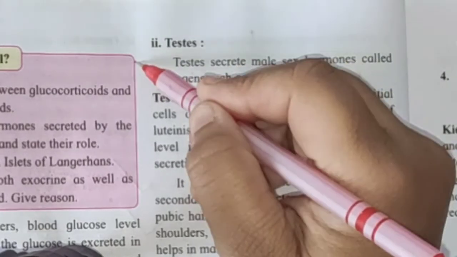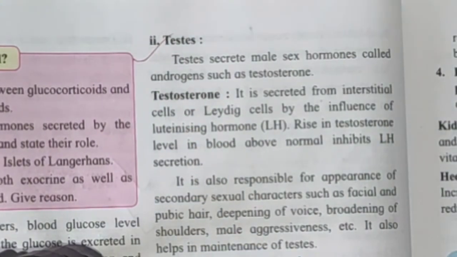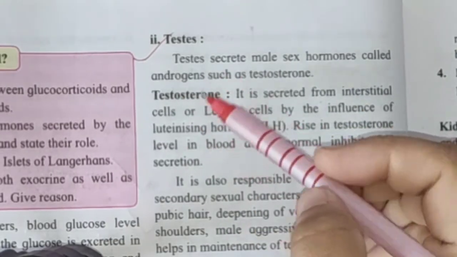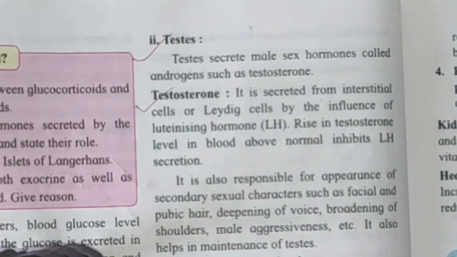Next we will see the testes. We already know testes are the male sex organs and they secrete hormones called androgens. So testosterone is present. Basically, this testosterone is secreted from the interstitial cells or Leydig cells.